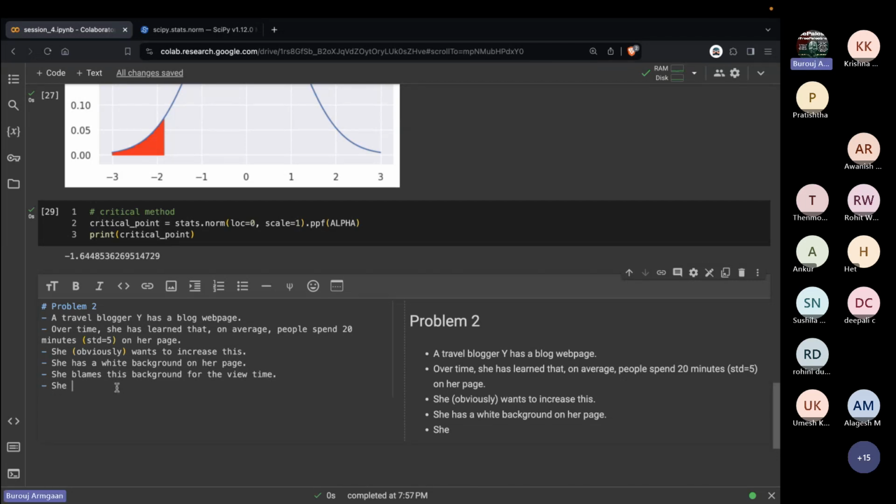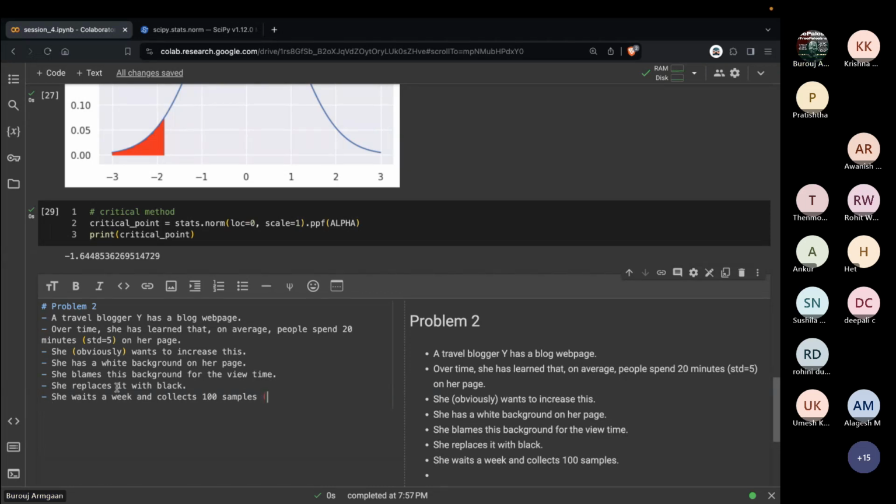She decides to replace it with black. Now she waits a week and collects 100 samples. So 100 people visit her website and she computes their time on her page. So 100 samples, view time.